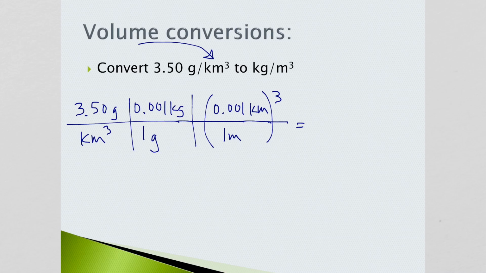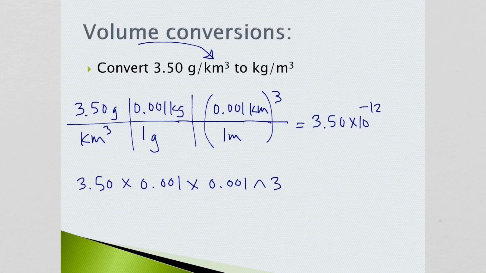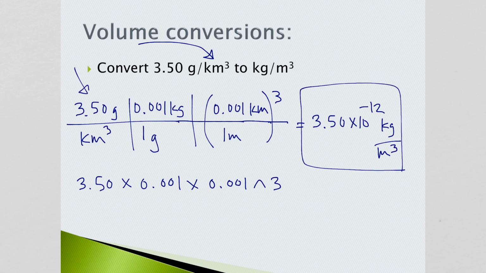So when I enter this in my calculator, it's going to be 3.50 times 0.001 times 0.001 caret 3, and then the divided by 1 caret 3 won't affect the answer because 1 cubed is 1. Our final answer comes out to 3.50 times 10 to the negative 12th kilograms per meter cubed. 3 significant figures in the original number, 3 significant figures in the final answer.